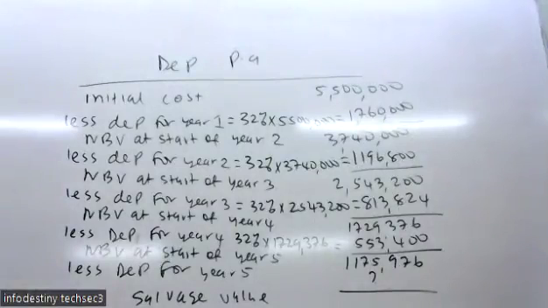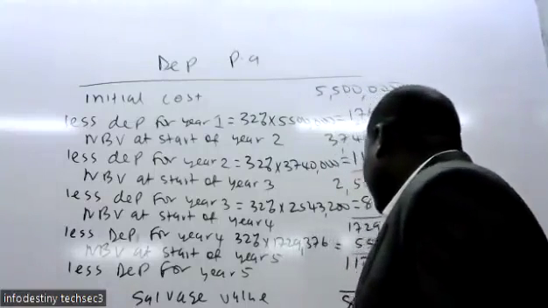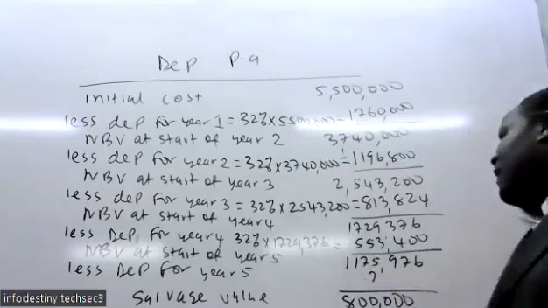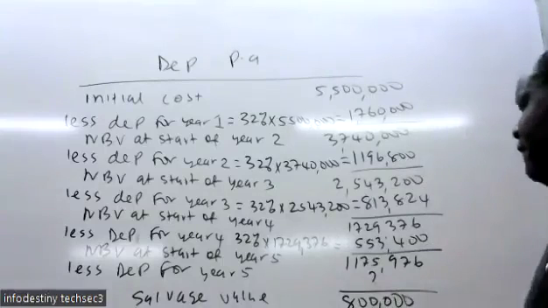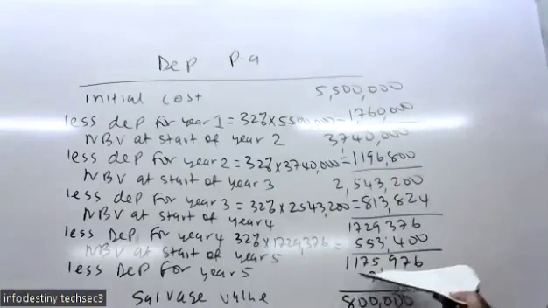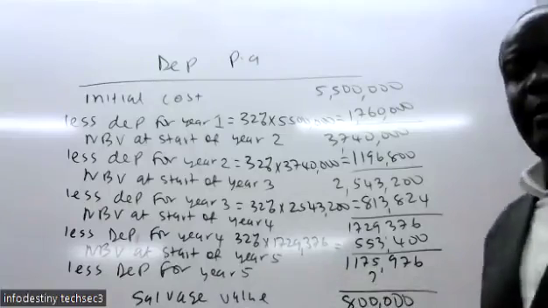They say that the machine is expected to have a useful life of 5 years, at the end of which the salvage value is estimated to be 800,000. So we want to be left with 800,000 at the end of the period, so the depreciation for year 5 is the balancing figure that gets us the 800,000.